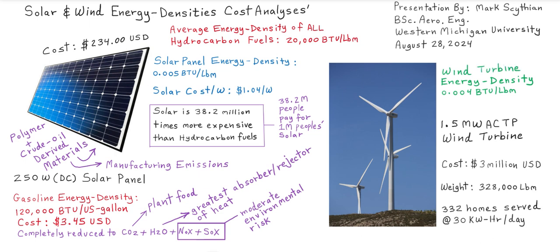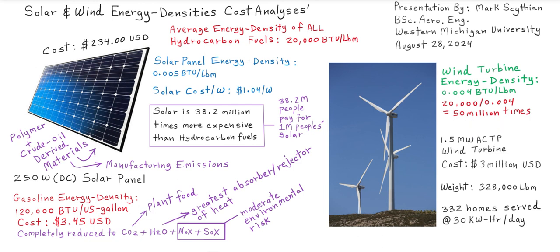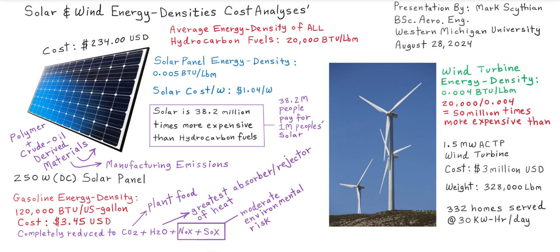Okay, so from that point on, we can just get a base value on the linear cost comparison between wind power and hydrocarbon fuel power. And so it's about 50 million times more expensive to harness energy out of the wind turbine compared to hydrocarbon fuel.